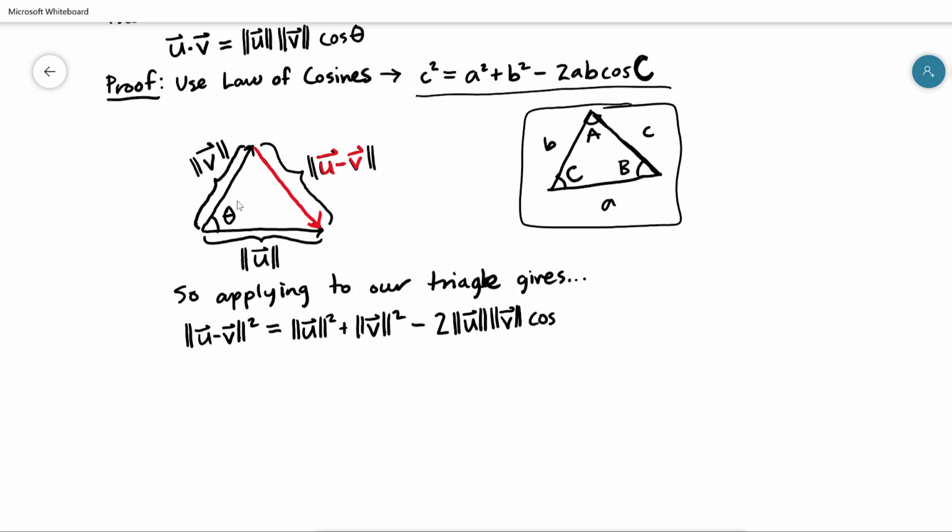So it's the angle opposite of this, which is what we called theta. So there's our picture.